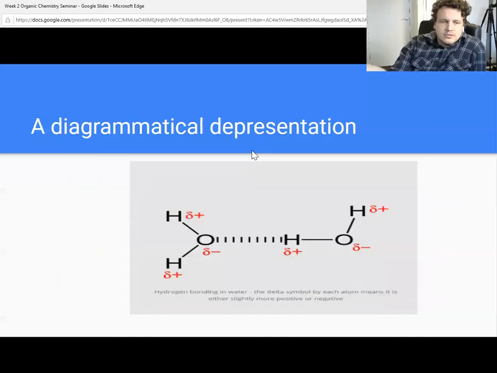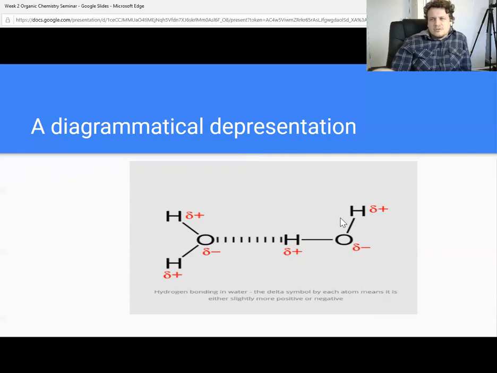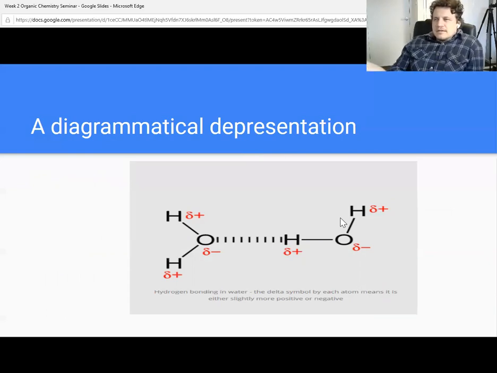The oxygen has the electrons an extremely disproportionate amount of time compared to hydrogen. So hydrogen is just considered to be H+, oxygen is just considered to be O-.